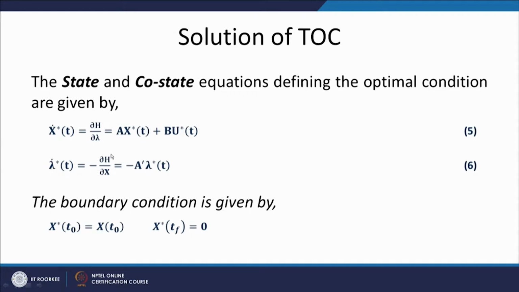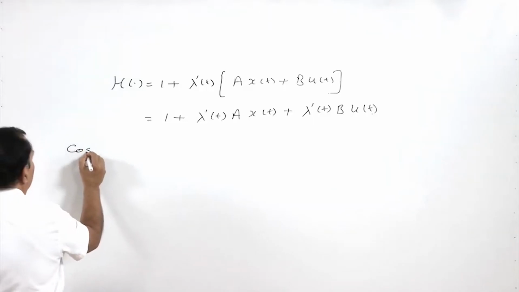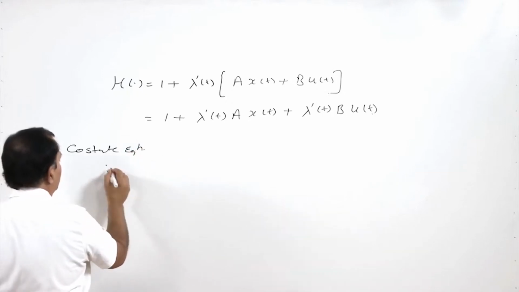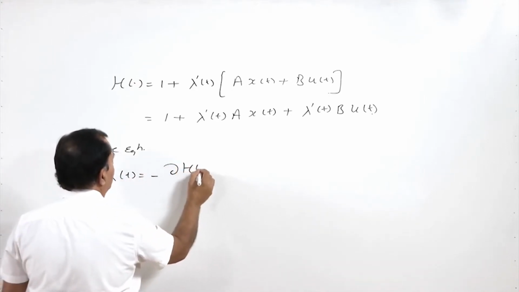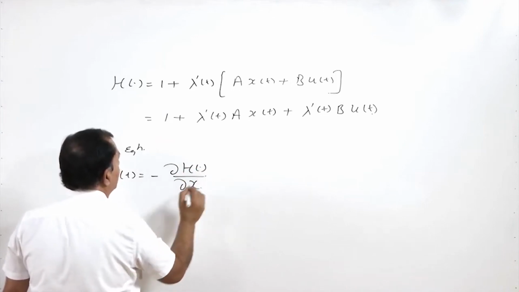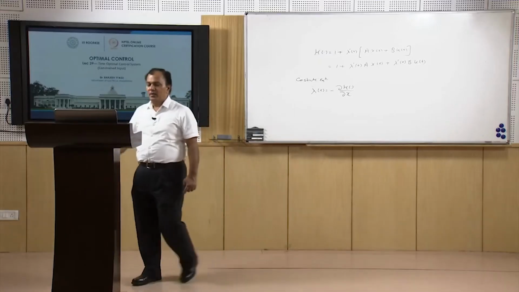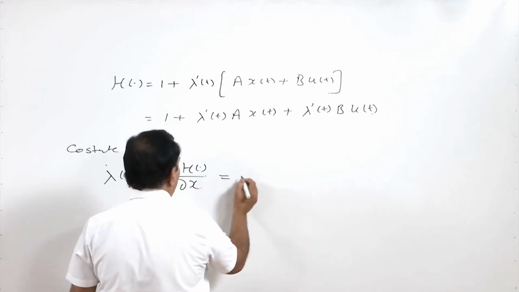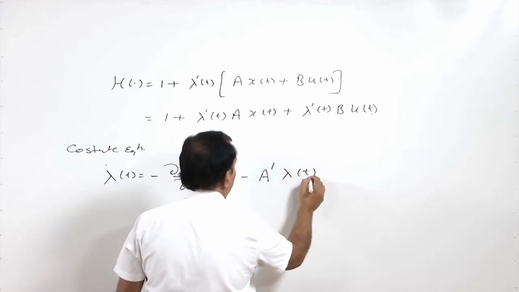And for the co-state equation, lambda dot(t) is minus del H by del x, which is minus A prime lambda(t), that is, minus A transpose lambda(t).